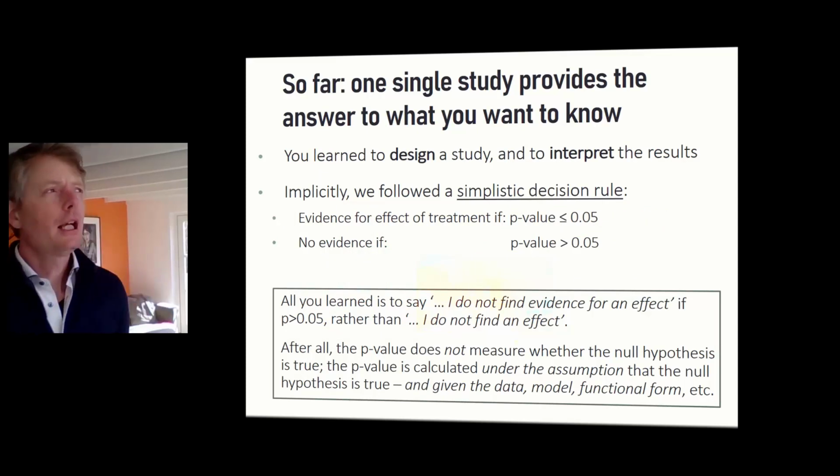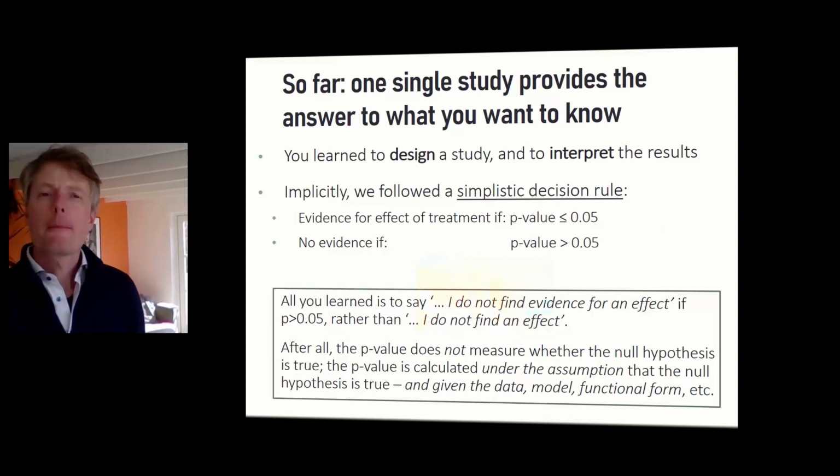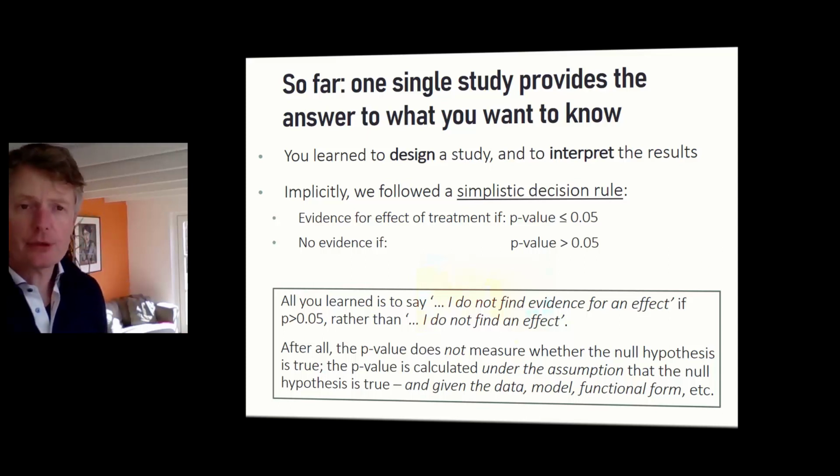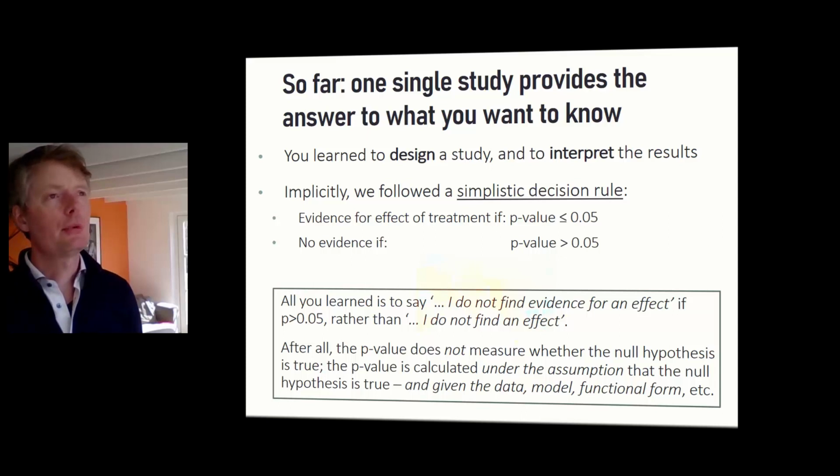And so far we implicitly used a very simple decision rule. If you conduct an empirical study, say you write your master thesis and it's empirical work, then if the p-value related to the estimated treatment effect is 0.05 or lower, then we find evidence for an effect of the treatment.